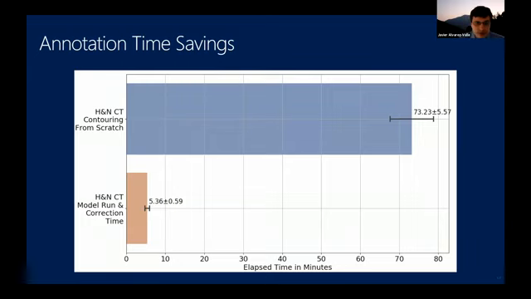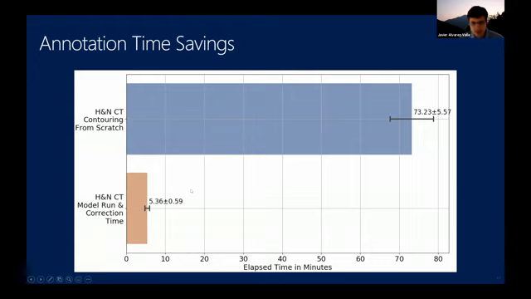In terms of measuring the clinical value of these models, we performed an experiment where we took 10 CT scans for head and neck, and we asked clinicians to annotate them manually, and also to take the output of our model and correct that output.